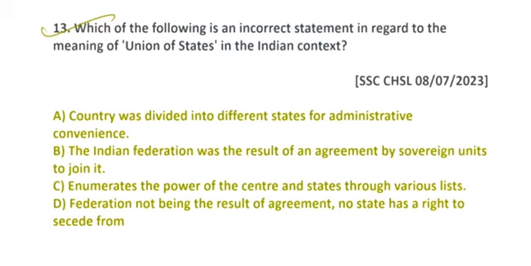Question number 13. Which of the following is an incorrect statement in regard to the meaning of the union of states in the Indian context? Option number B is the correct answer. The Indian Federation was the result of an agreement by the sovereign units to join it.